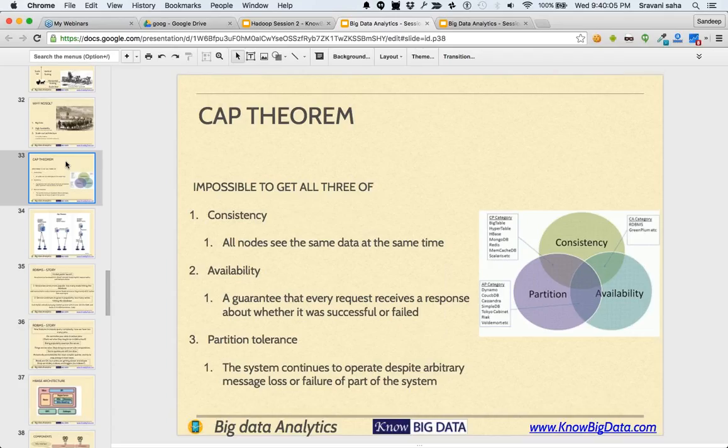Second, availability. How many requests, how many TPS, can your server respond to without failing to give a response? And when I say response, the response can be an error or success, but the request needs to be catered to. So it is a guarantee that the maximum number of requests get a response.